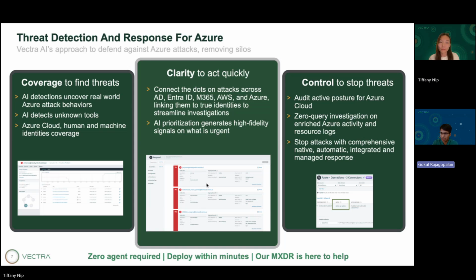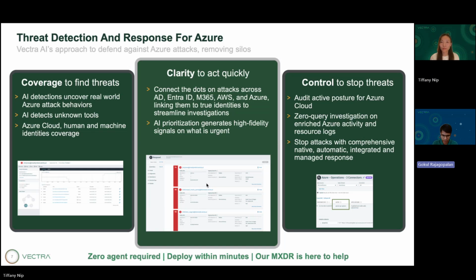Then clarity, which is very quickly being able to arrive at a decision of harmful or harmless. And then the ability to go deeper, determine blast radius, stop an attack, things like that. So that's control.